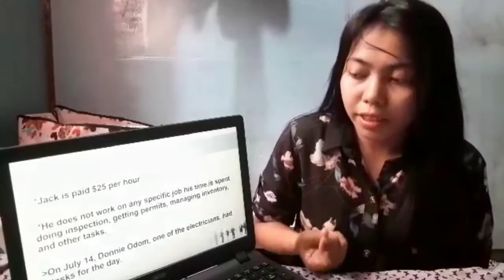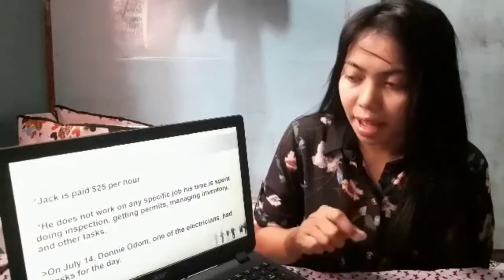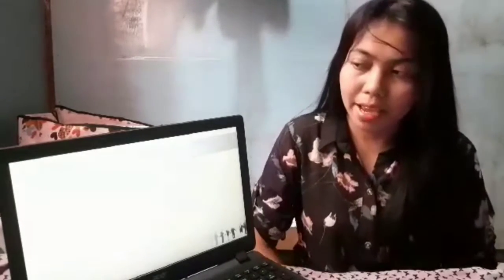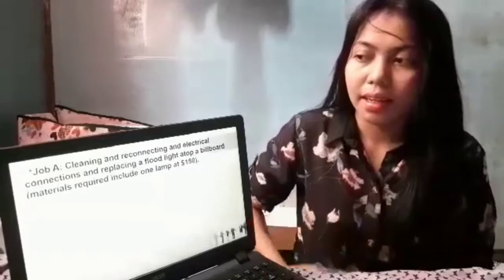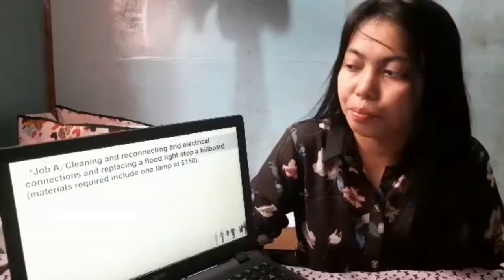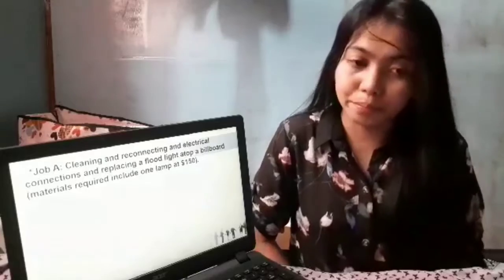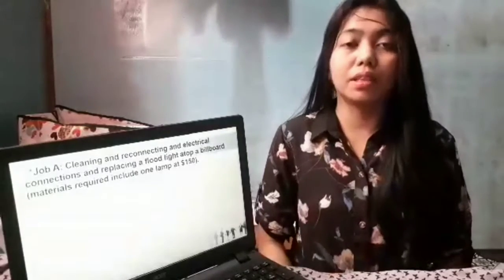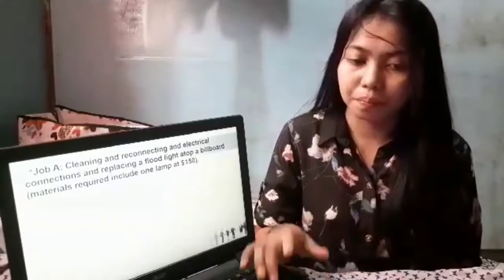On July 14, Donny Odom, one of the electricians, had 3 tasks for the day. Job A: cleaning and reconnecting an electrical connection and replacing a floodlight atop a billboard. This is going to require a light bulb, and the cost of the bulb is $150.